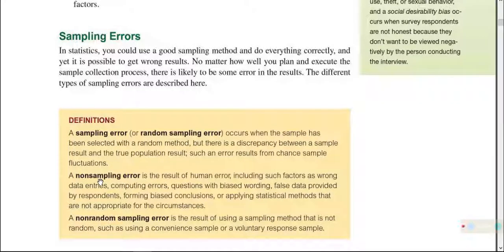Next, a non-sampling error is the result of human error, including such factors as wrong data entries, computing errors, questions with biased wording, false data provided by respondents, forming biased conclusions, or applying statistical methods that are not appropriate for the circumstances. Ayan. So, for example, kasi di ba ang daming available na formula sa statistics, ang daming test na pwede mong gamitin.